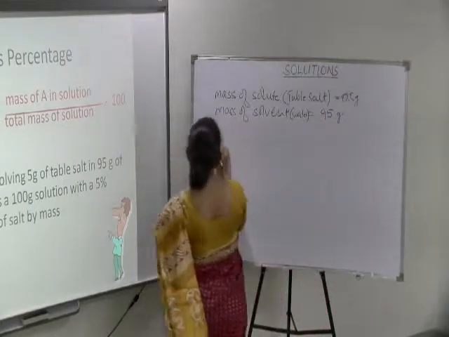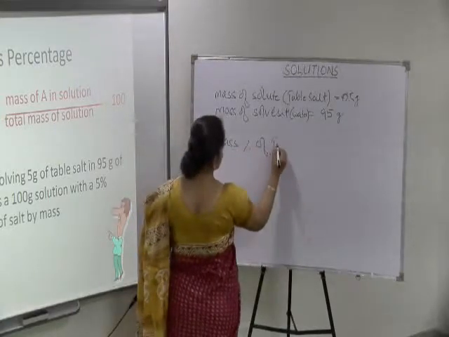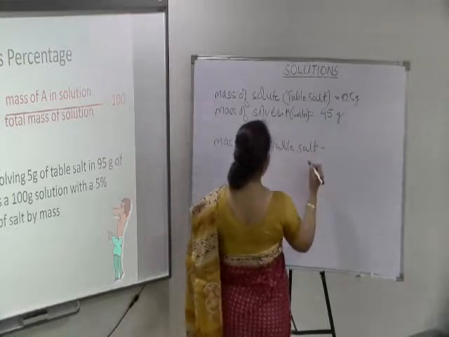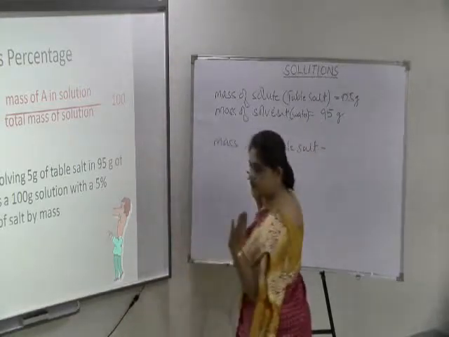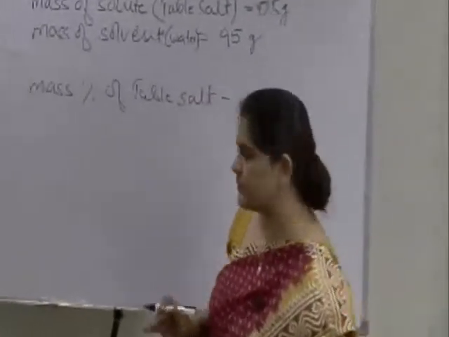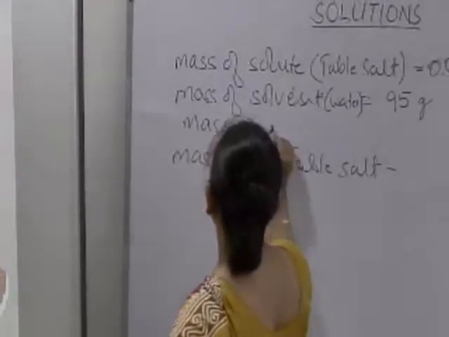So if you have to represent the mass percentage of the table salt, you know that you have to give the mass of your solute, that is the table salt, present in the total mass of the solution.